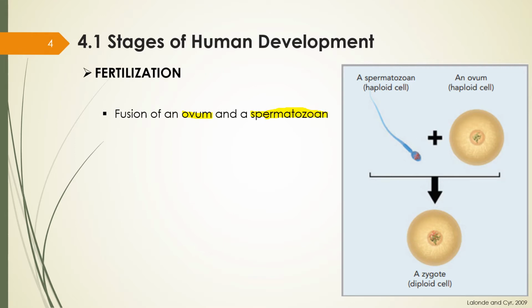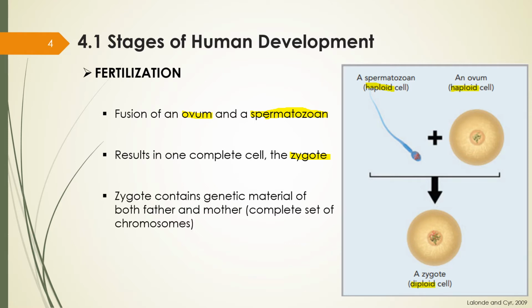So here I have a spermatozoa and an ovum. Both of them are haploid. What does that mean again? They have half the number of chromosomes. And this results in a zygote. The zygote is a diploid cell. Why do I say it's a diploid cell? Because it has the double number of chromosomes, or they have all the chromosomes.